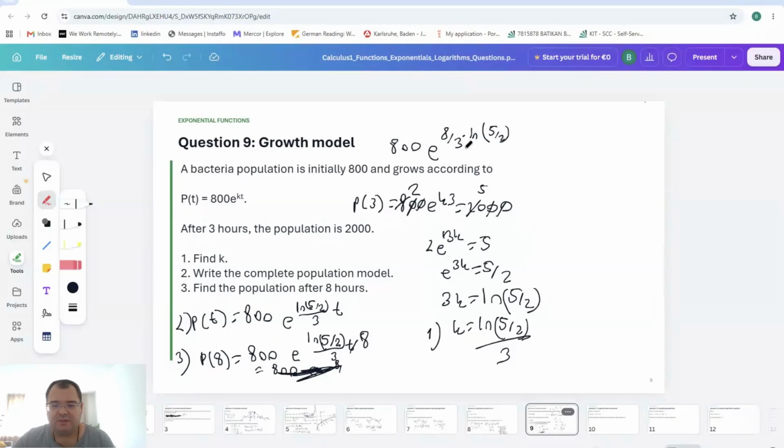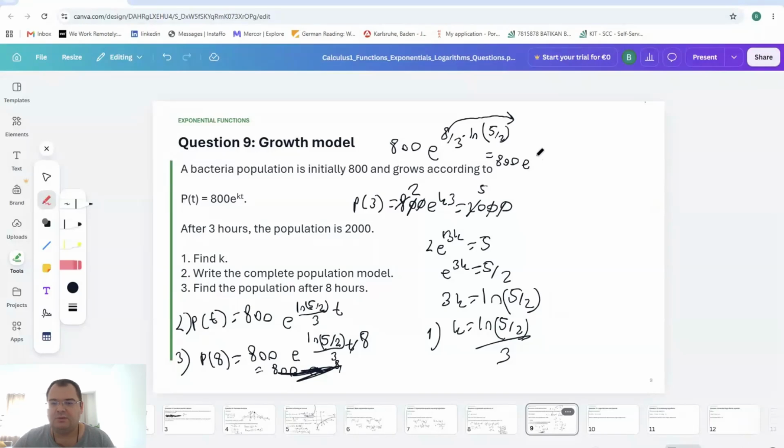So you have e here, and ln here multiplied by some constant. You can put this 8 over 3 as an exponent inside of the ln, and then you can simplify this e with ln. So let's do it.